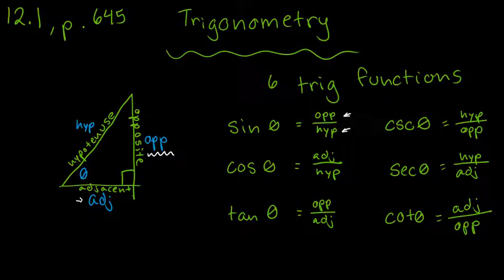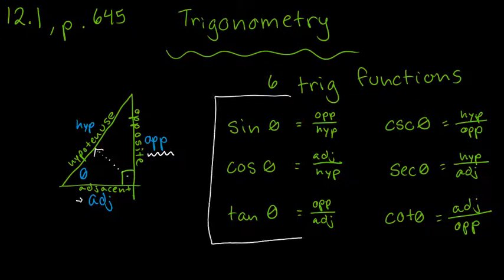That is not the hypotenuse. The hypotenuse is always going to be the side opposite of the right angle. So sine is opposite over hypotenuse, cosine is adjacent over hypotenuse, and tangent is opposite over adjacent.